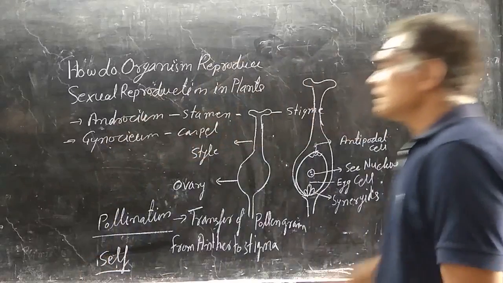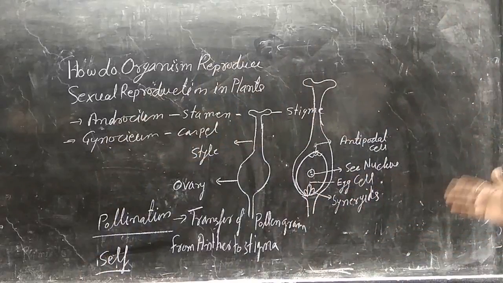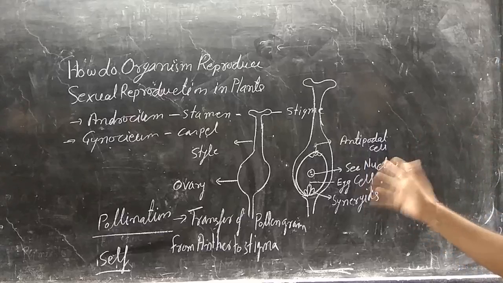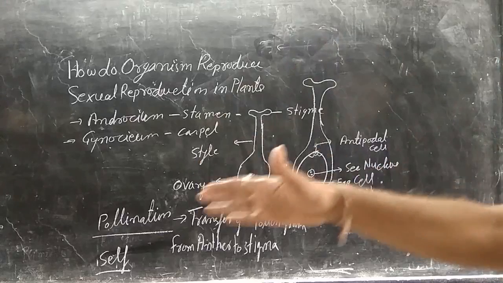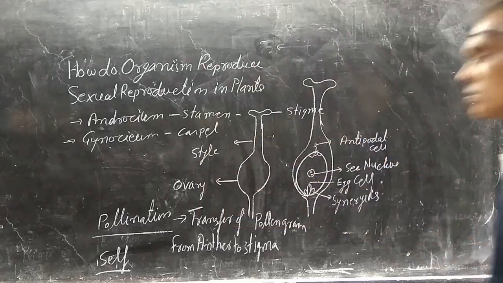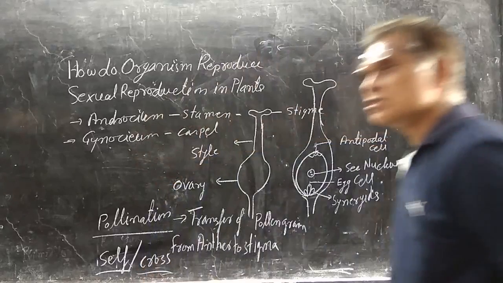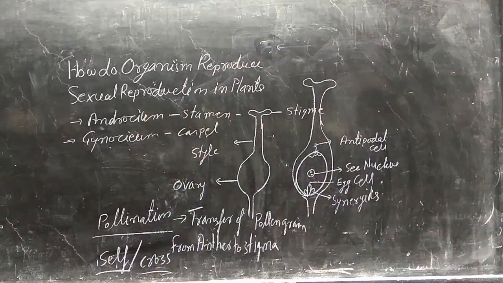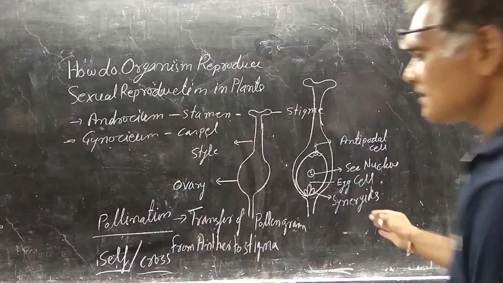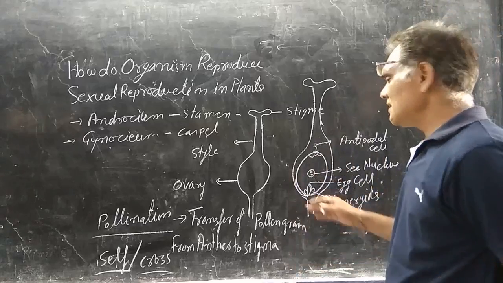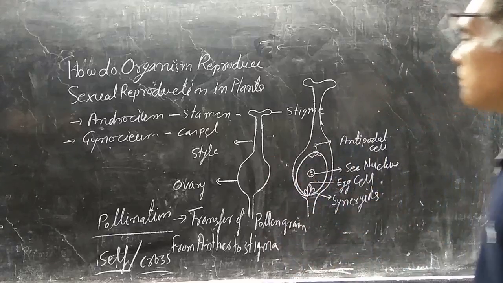And whenever pollen grain is transferred from one plant's flower to another plant's flower, that is cross-pollination. Means both plants belong to the same species; from one plant to another plant is cross-pollination, and within the same plant is self-pollination.